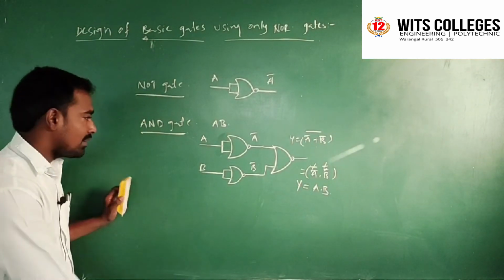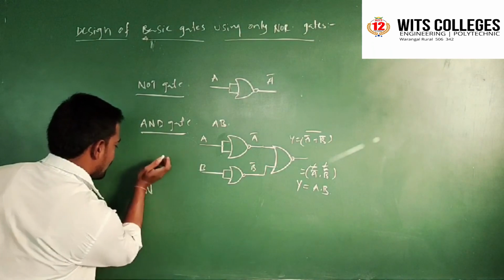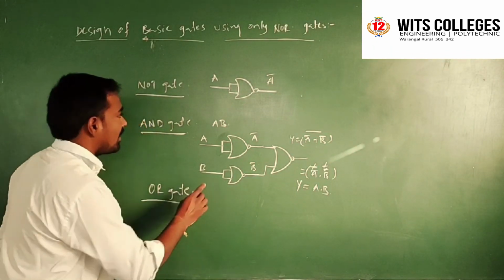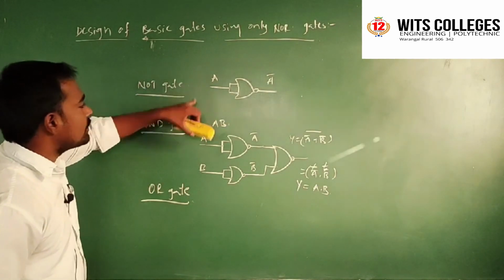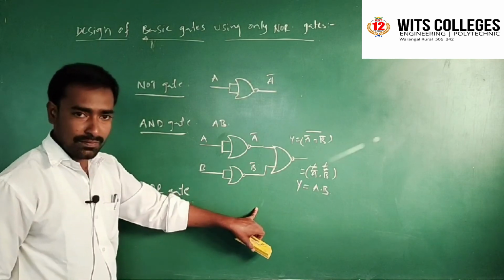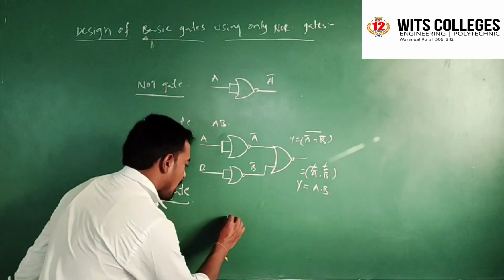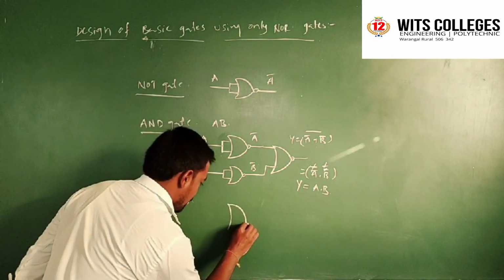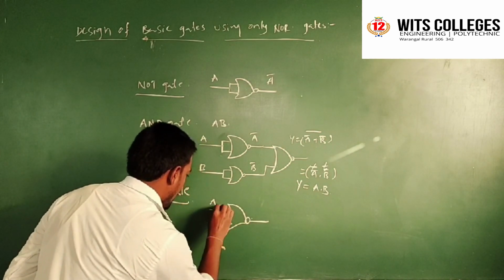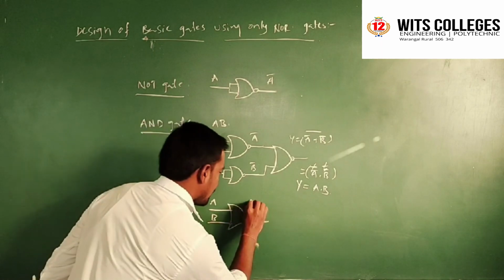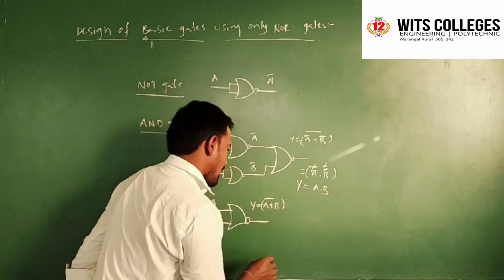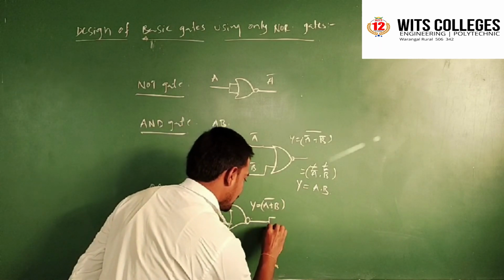Coming to the OR gate. Here the NOT gate gives the complemented output, so that's why here we are using one NOT gate. A and B both are inputs, and we are getting Y equal to A plus B whole bar here, and here I am connecting one NOT gate.